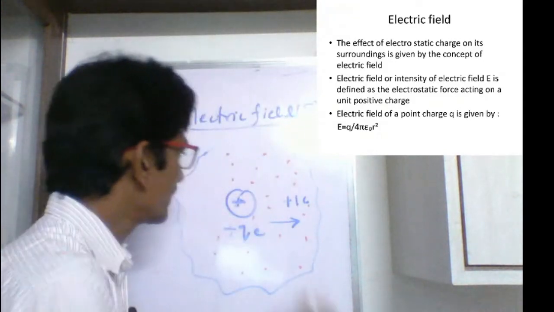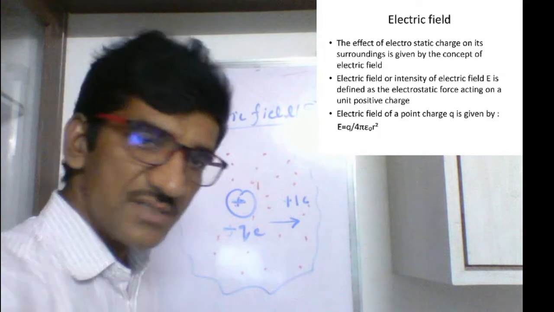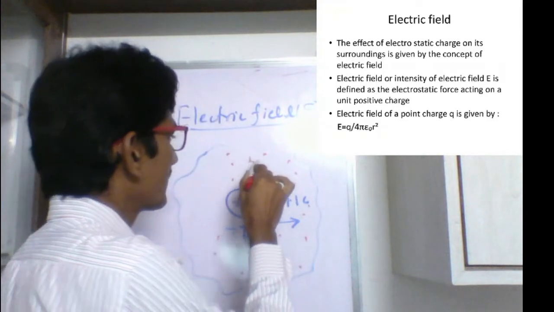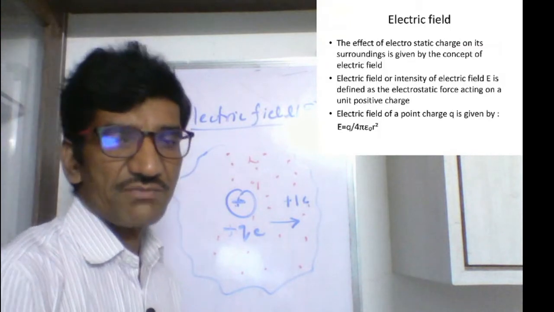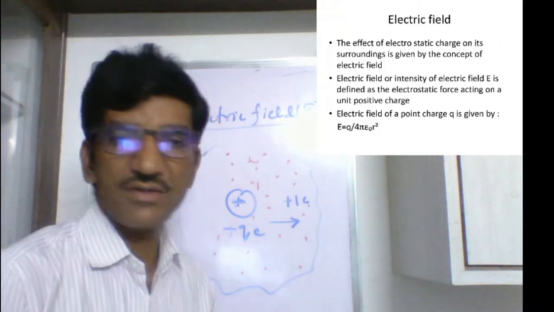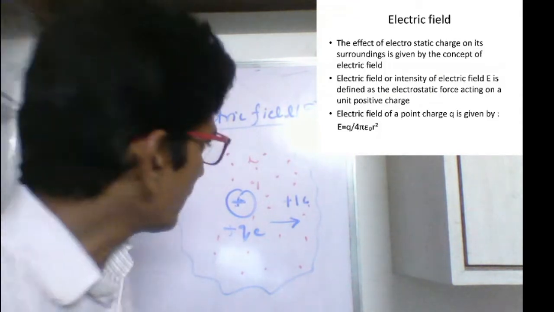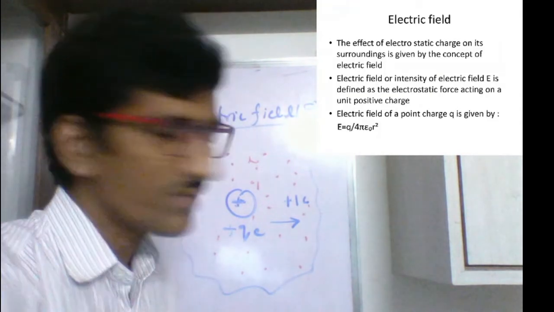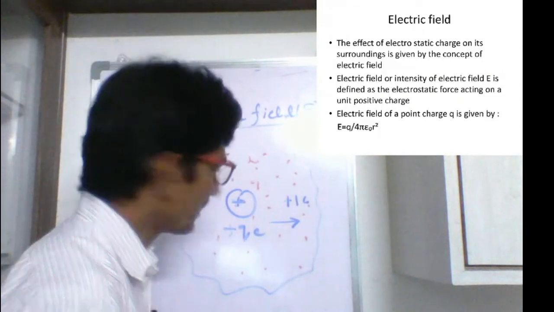That means electric intensity at point 1 is different from that at point 2. If the field is the same everywhere, then we call that field a uniform electric field. That is a different thing. Usually, the field at one point will be different from the other point.